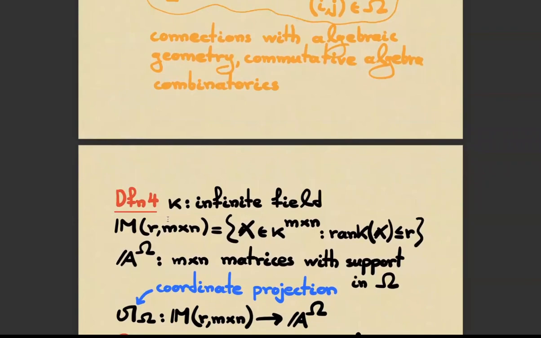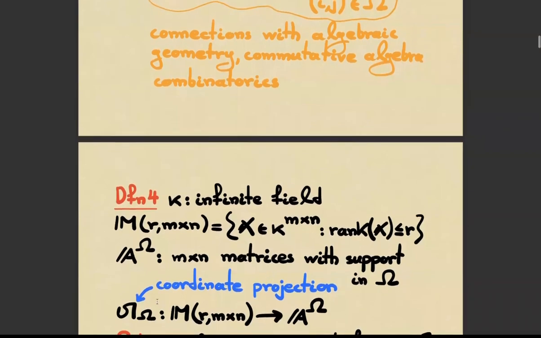Suppose that K is an infinite field, and let M(R, M by N) be the algebraic variety of matrices of size M by N of rank at most R. And let A to the omega be the affine space of dimension omega, or the set of M times N matrices with support in omega, so M by N matrices that have zeros outside of omega.